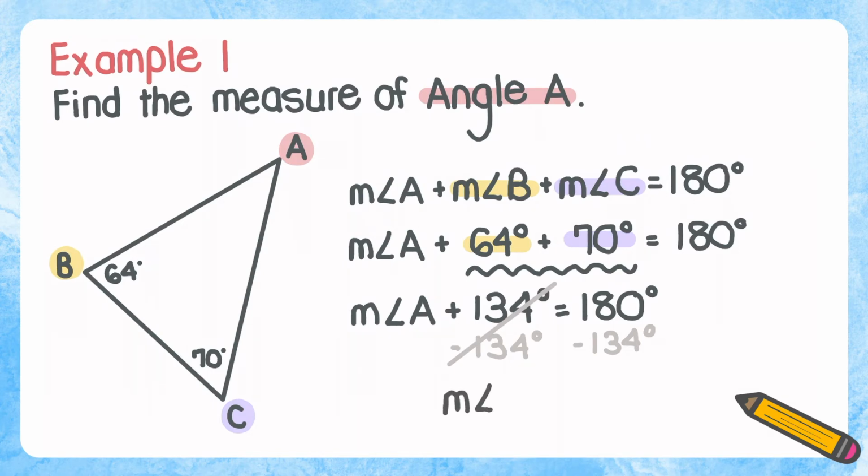We're left with the measure of angle A equaling 180 minus 134, which is 46 degrees. So for this example, the measure of angle A is 46 degrees. We used the fact that the interior angles of a triangle sum to 180 degrees.